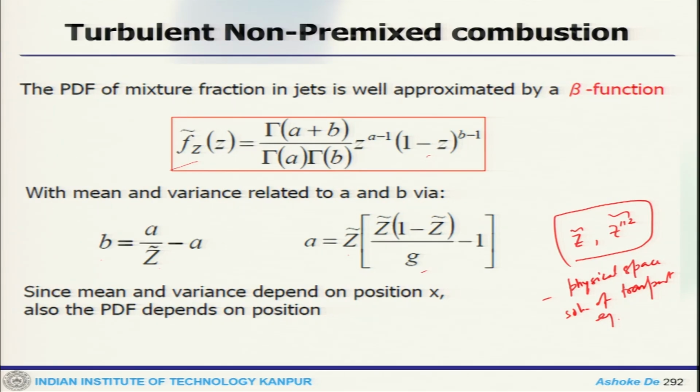They would be quite scattered, there would be an effect of turbulence, and once you get that evolution pattern, using that you can find out this B and A at every location in the flow field, and then you can estimate the probability density function for that value of Z and Z variance, and then using that you can find out the mean things.